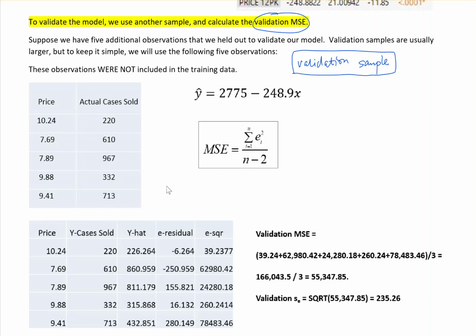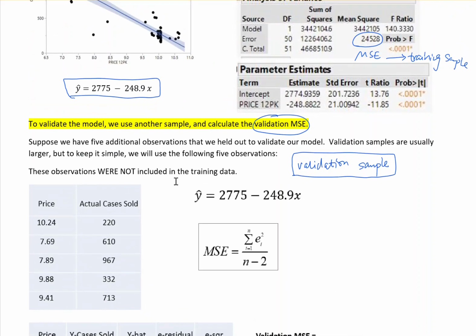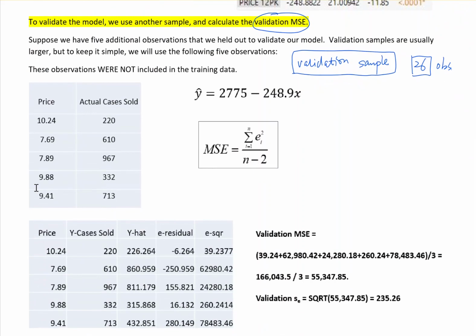But actually, if the training sample is 52 observations, then the validation sample should be at least half of it, which is 26 observations. To keep the notes as short as possible, I just use 5 of them. Suppose my validation sample contains 5 observations.